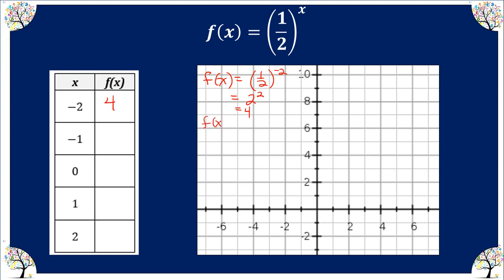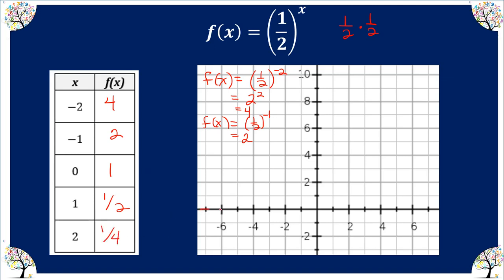Then when I plug in -1, I'm going to reciprocate my 1/2 to 2. When I plug in 0, I get 1. When I plug in 1, I get 1/2. And then when I plug in 2, 1/2 times 1/2 gives us 1/4.